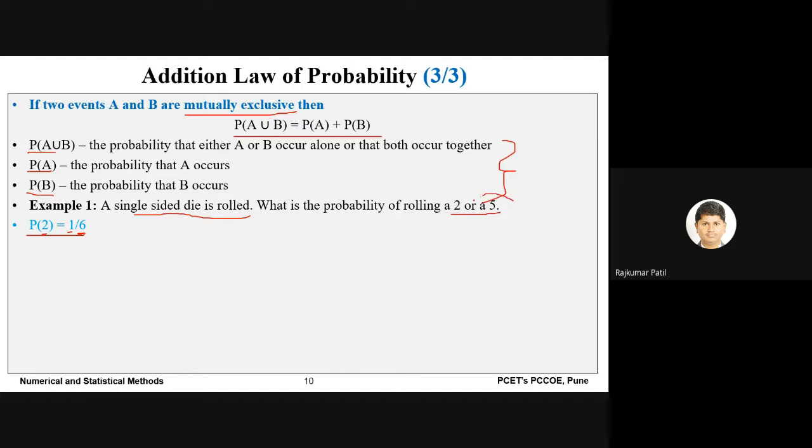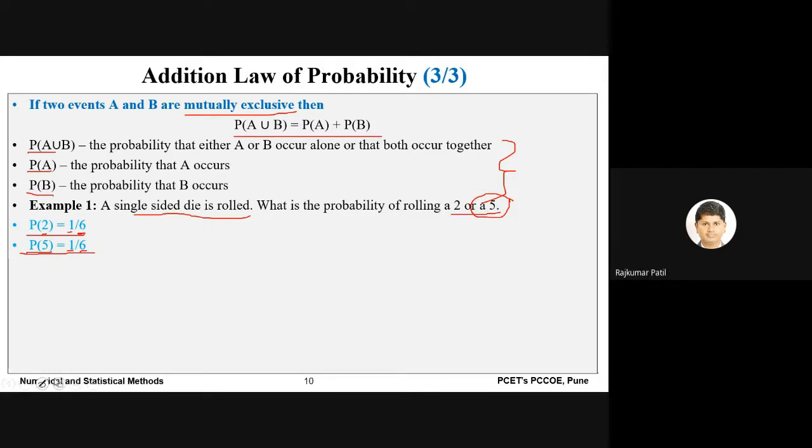Similarly, for the probability of occurrence of 5, the favorable event is 5, there is only one surface with 5, and the total outcomes are 6. So the probability of occurrence of 5 is 1 by 6.